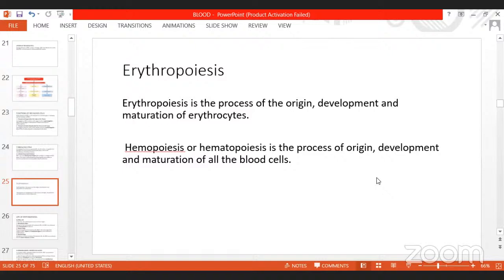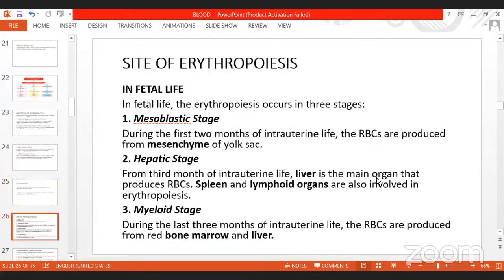Hemopoiesis or hematopoiesis is the process of origin, development, and maturation of all blood cells, and from that hemopoiesis, each separate cell line we are going to see, that is erythropoiesis, leukopoiesis, and so on. Erythropoiesis is exclusively for RBCs.